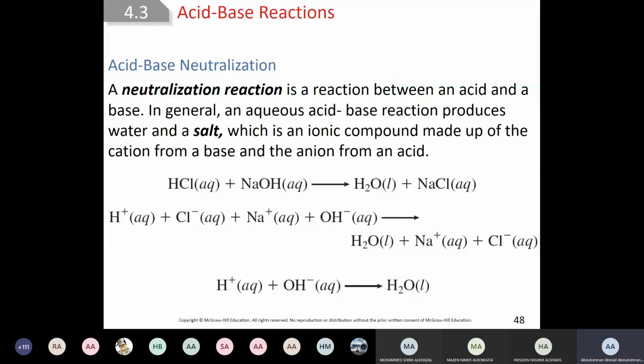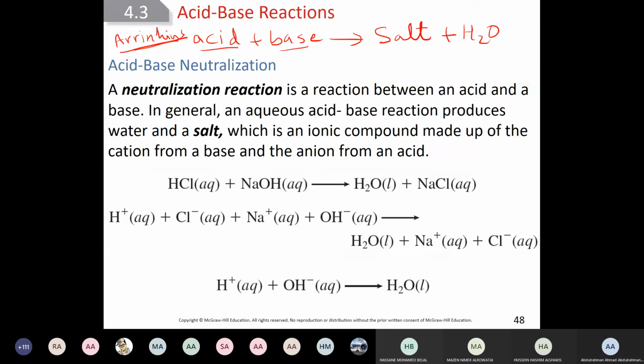Now, when you react an acid and a base, this is the general rule, according to the scientist Arrhenius. If you react acid with base, what are you going to get? Example, HCl plus what?